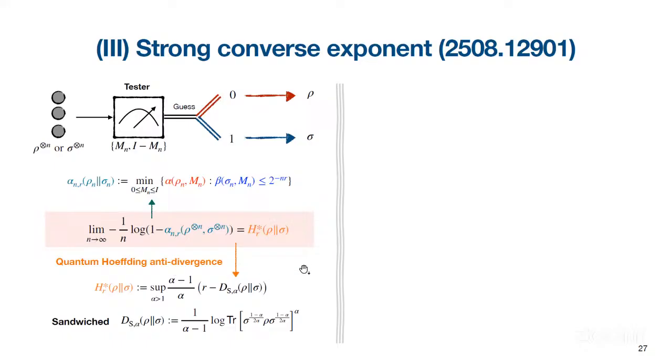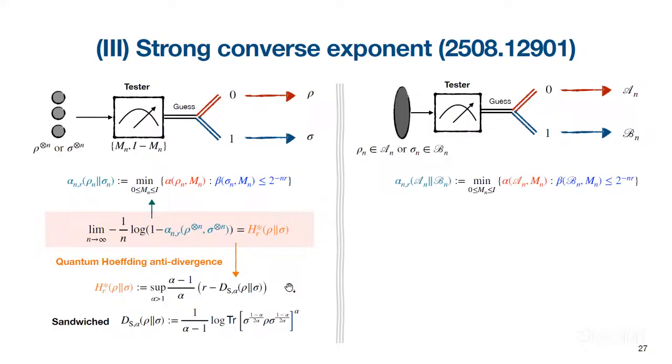We call it anti-divergence because usually divergence satisfies the data processing inequality. If you apply an operational channel on the data, the divergence becomes smaller, right? Here the anti-divergence means that when you apply a channel, the divergence goes larger. That's why it's called anti-divergence. It is given by this optimization problem over the sandwiched Renyi divergence with the parameter alpha.